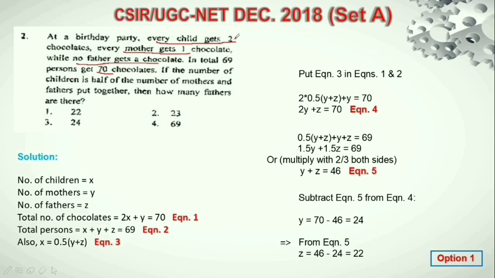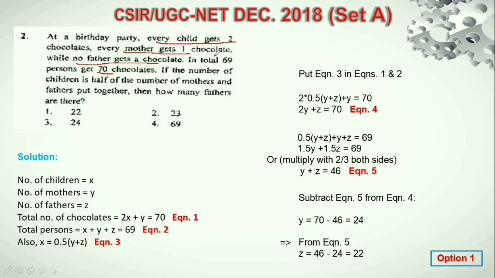So this means 2 times X plus 1 into Y plus 0 into Z should be equal to 70. That is the total number of chocolates.